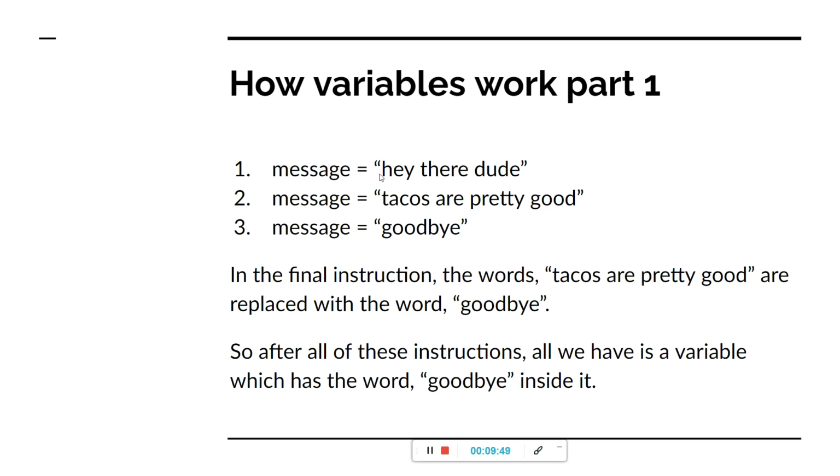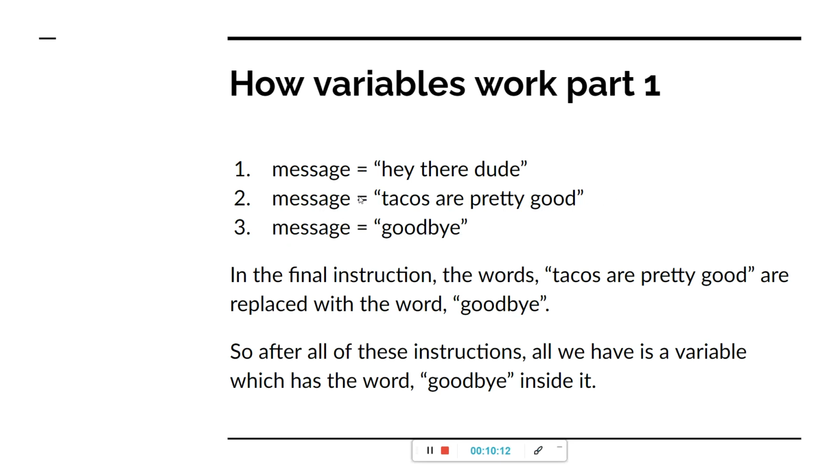I'll run through it again. In the first instruction, the words "Hey there, dude" are put inside the message. And then in the second instruction, it forgets hey there dude and puts tacos are pretty good inside the message. And then in the third instruction, it forgets tacos are pretty good and puts the word goodbye inside the message.